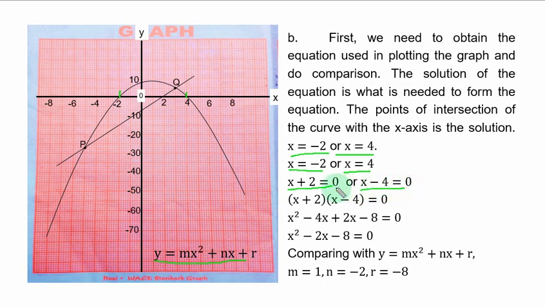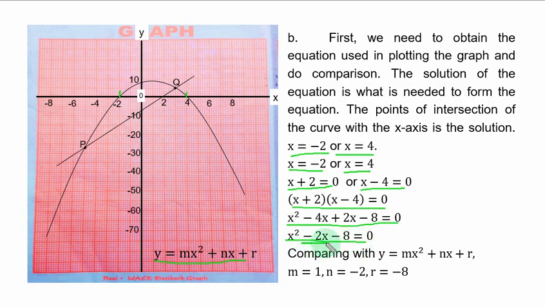And you know, if you have it in this form, you always multiply the two factors and equate it to 0. When you expand, you have s squared minus 4s plus 2s minus 8 equal to 0. If you add like terms, you have s squared minus 2s minus 8 equal to 0.